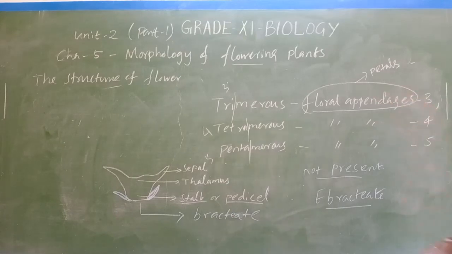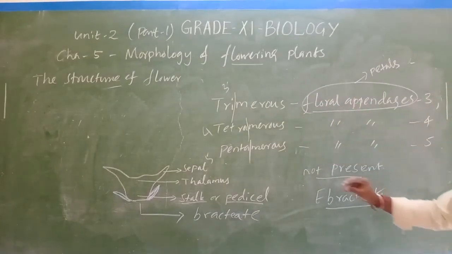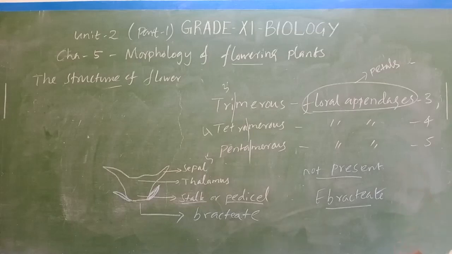Four whorls are present: corolla, calyx, gynoecium, androecium. Then, based on the petals, it is called trimerous, tetramerous, or pentamerous. Based on the reduced leaf, it is called bracteate or ebracteate. And another one, actinomorphic, zygomorphic, and asymmetry, which is based on the symmetry.